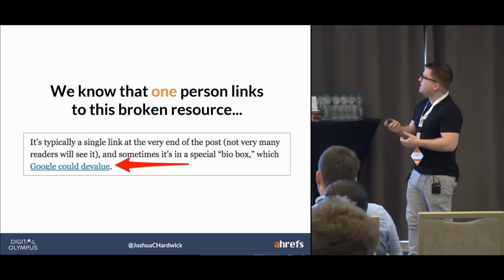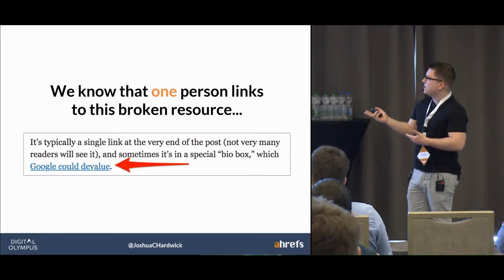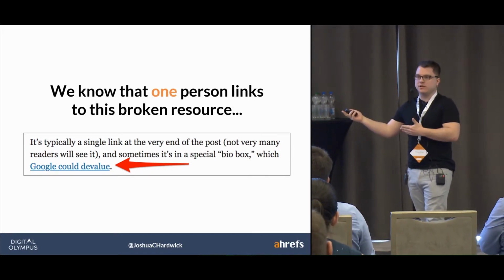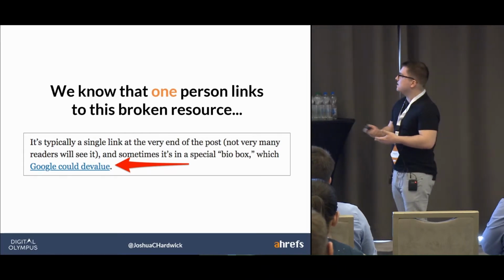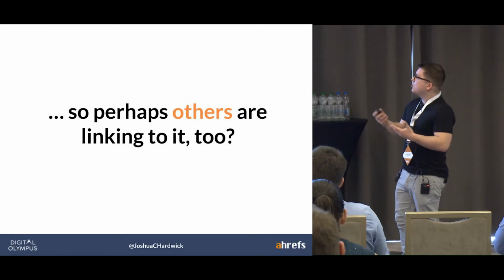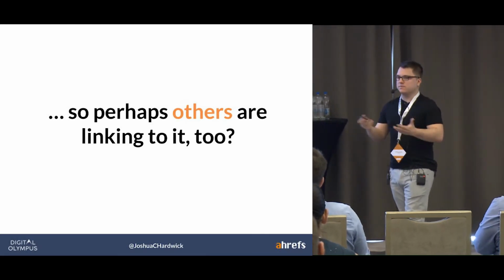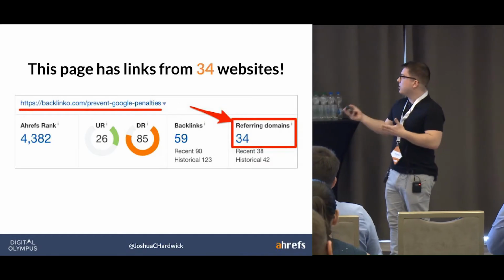But obviously you can take this idea further. With that particular example, we know that one person links to this thing because we found a broken link in the first place. But if one person's linking to it, then the chances are that other people are linking to it too, because it obviously holds some value to one person, so it's probably going to hold value to another.